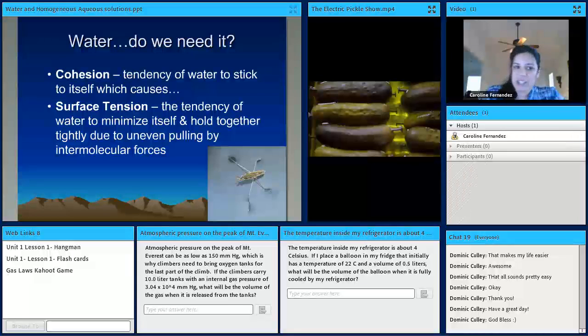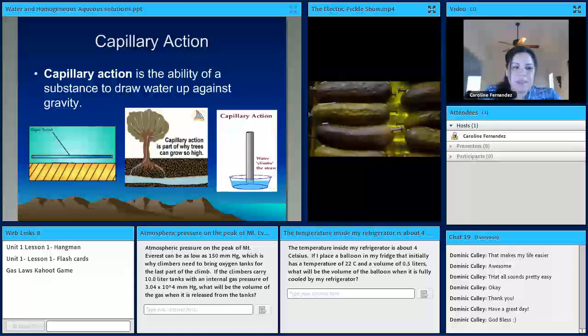Surface tension is another awesome property of water, which is the ability of water to minimize and hold itself together and push against the force that's being placed on it. For example, this allows insects and other animals like the Jesus lizard to walk on water. So surface tension is actually a pretty cool property of water.